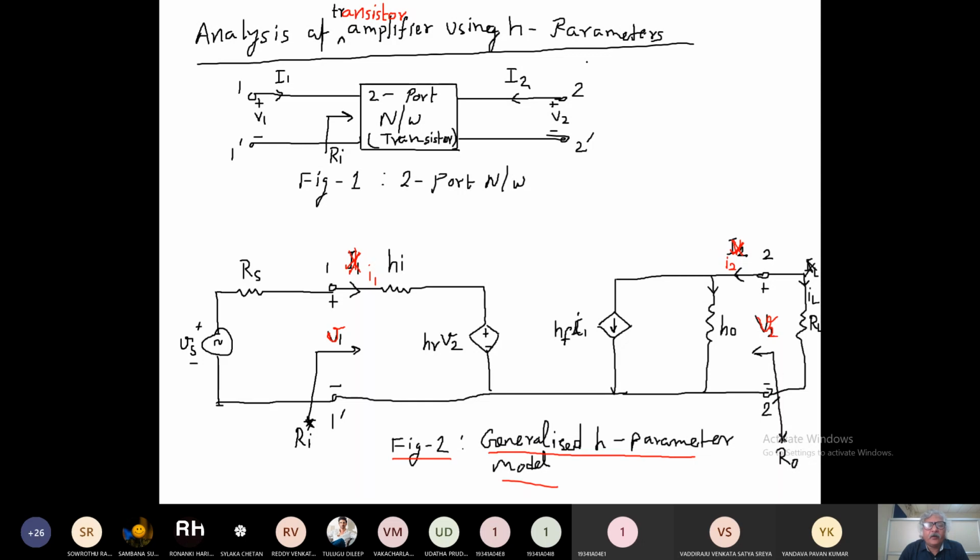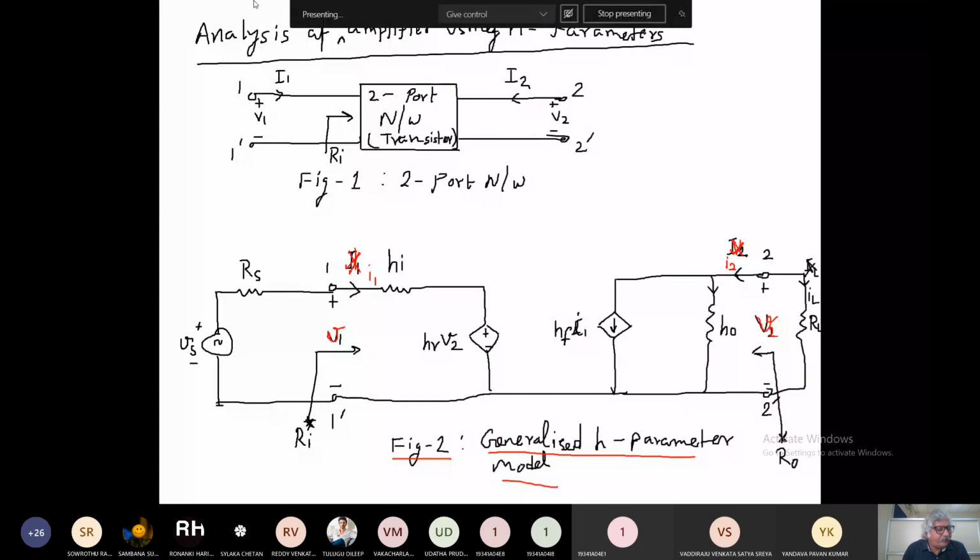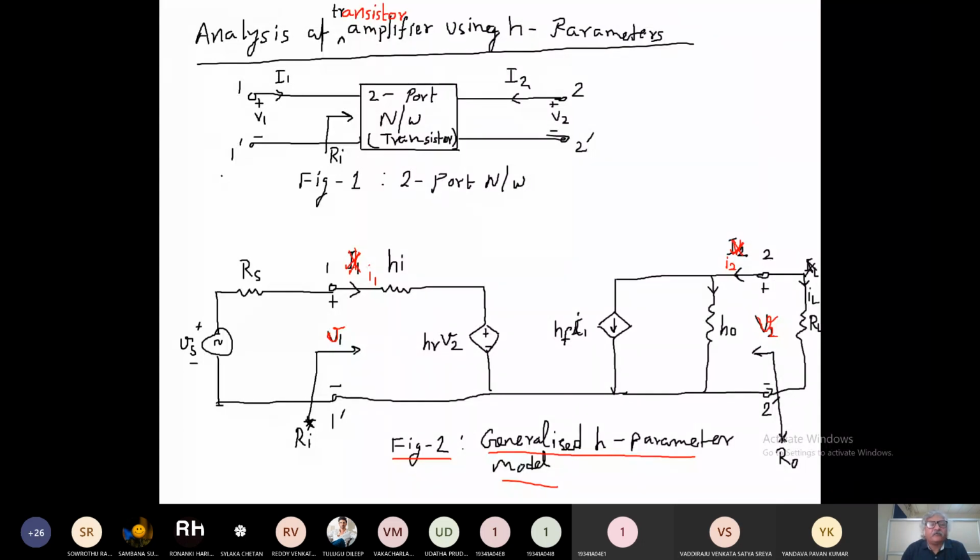So what should be the overall current gain? Here in this diagram, the current coming out from this voltage source, if you call it as IS, then the overall current gain will be the output current, IL, divided by IS. This is the overall current gain.